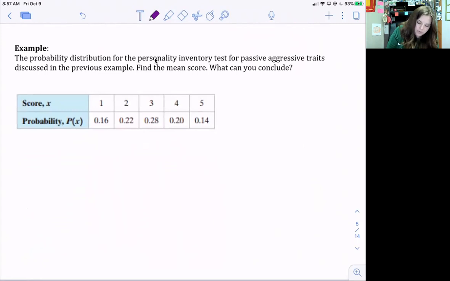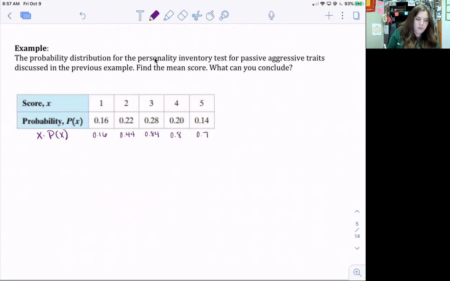I'm going to add another row here, and let's just find the product of those two. So we have 0.16. 2 times 0.22 is 0.44. 3 times 0.28 is 0.84. 4 times 0.2 is 8/10. And 5 times 0.14 is 7/10.